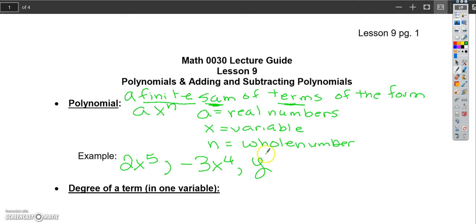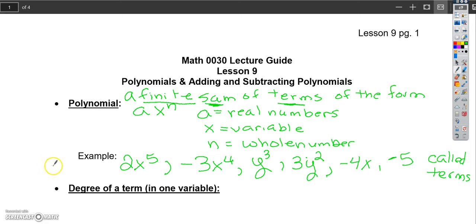It may just be y to the 3rd power. 3y to the 2nd power. -4x. -5. These are all called terms. You could even have AB, that's a term. 2AB. Okay.